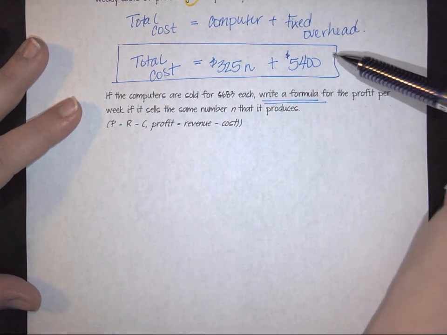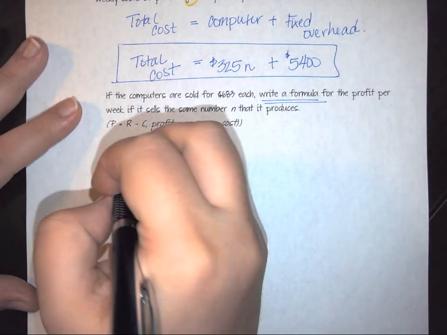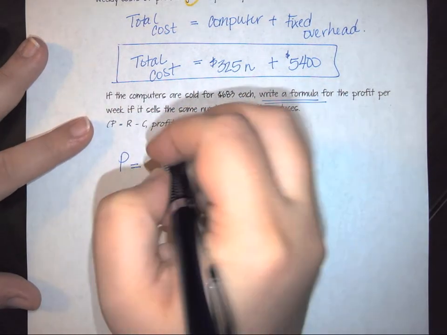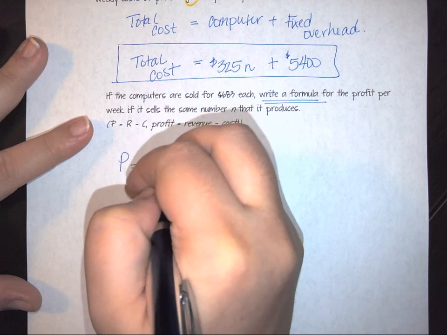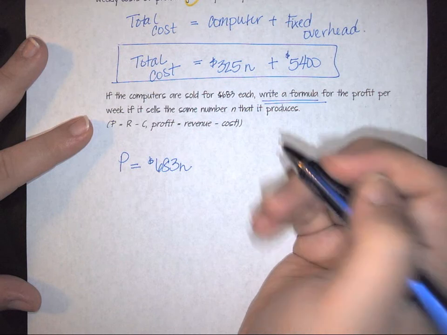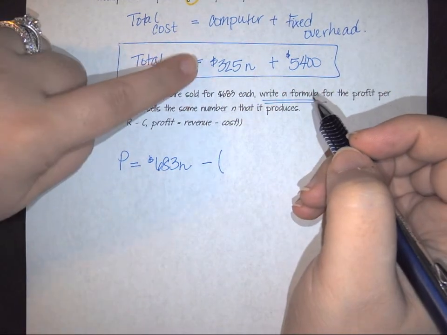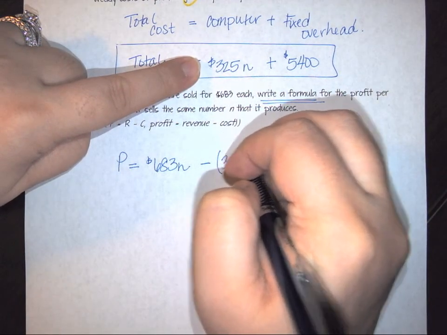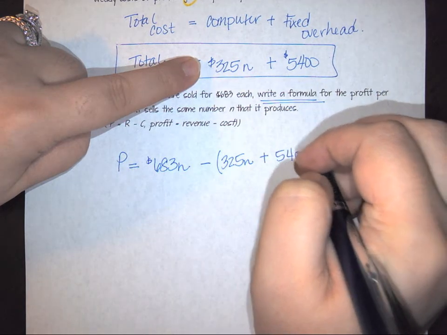Well, we just calculated total cost up at the top. So here, my profit is going to be my revenue, which is what it sells for. So we have $683 per computer. And we have to subtract away that total cost, which is $325 per computer plus the $5,400.